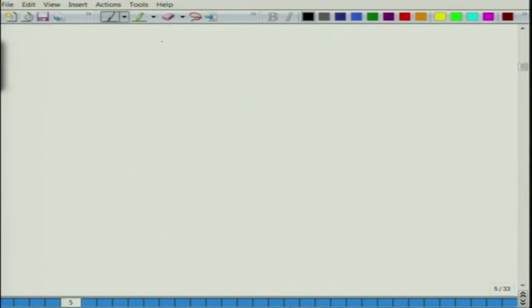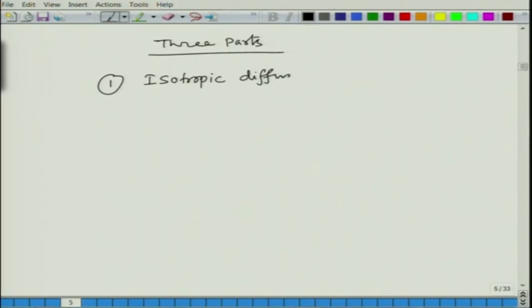So, we divide it into 3 parts. First one we call isotropic diffuse radiation. What is isotropic?